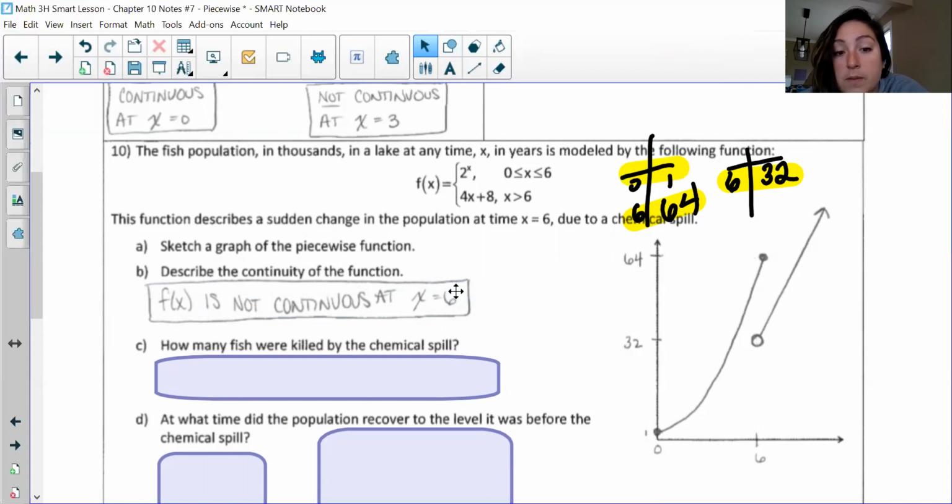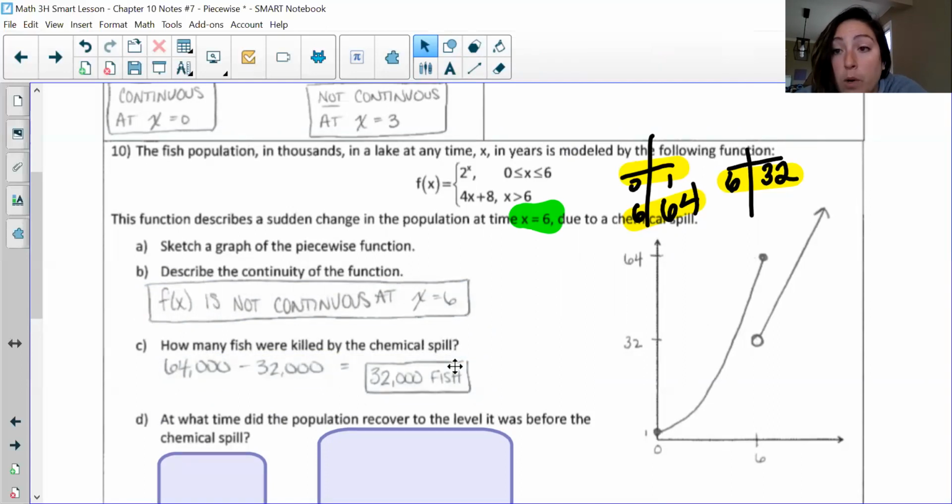C, how many fish were killed by the chemical spill? So chemical spilled at time x equals 6. At that time, it appears that it dropped from 64,000 to 32,000. So that's 32,000 fish lost, because again, remember y is fish population in thousands.